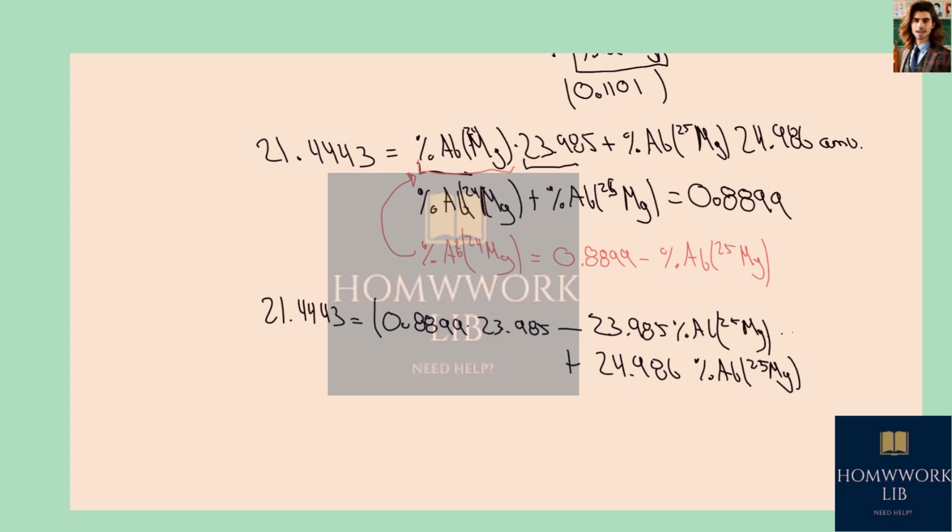The first term, after doing the multiplication, we're going to get 21.344, and over here we're going to get, after we add these guys up, 1.001 of the percent of abundance of magnesium 25.